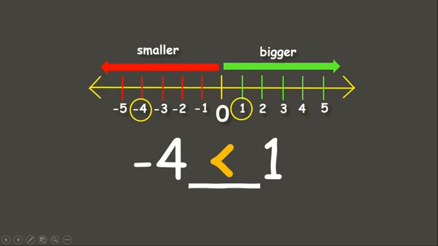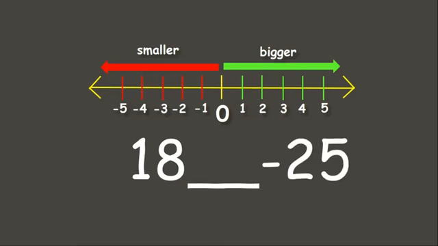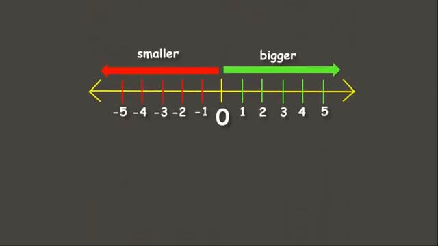Now let's have another one. What about we compare positive 18 and negative 25? Since all positive numbers are greater than negative numbers, it means that positive 18 is greater than negative 25. Awesome!